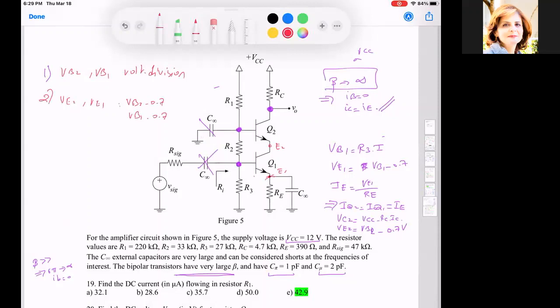Now we have all the voltages. From VE1 I can find IE, which is IC for both transistors, and IE is equal to VE1 over RE. Then the fourth step, I can find VC2, which is equal to VCC minus RC times IC, so we can find VCE2. Is it clear?